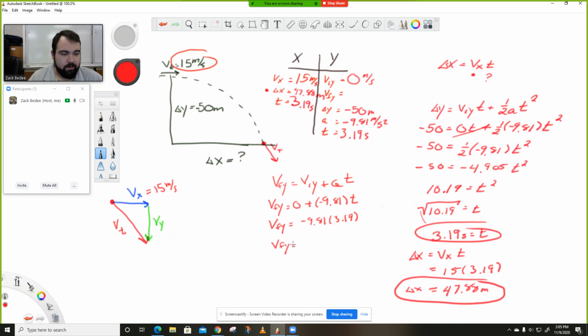It comes out to 32.29 meters per second. So we get negative 32.29 meters per second. So that's our Vfy. We have this value now.